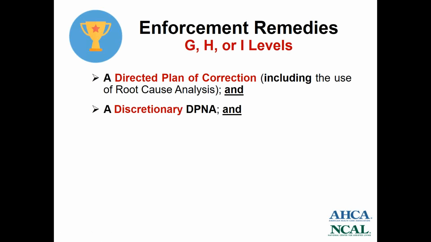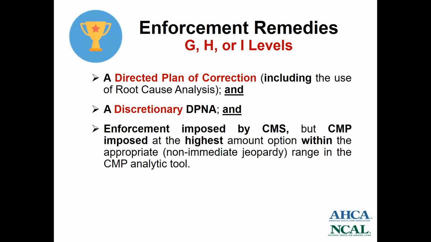The CMPs are going to be different here. What you're going to look at is, CMS will determine what the CMP will be. It will be based on within the range of non-immediate jeopardy, as it is outlined in the CMP analytic tool.